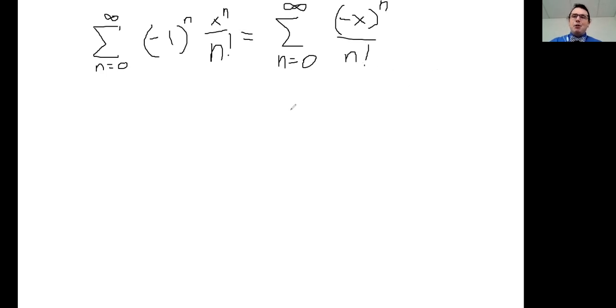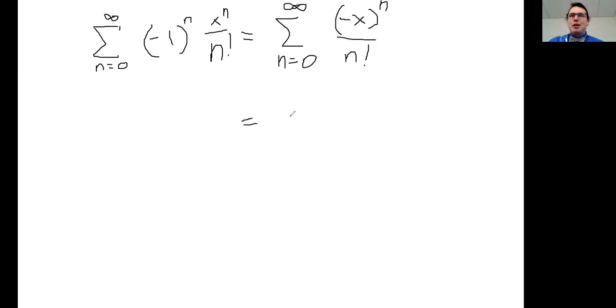This is very similar to the previous problem. I had to use a little bit of thinking here to justify what I was doing with this manipulation, but what I wrote here is true from an algebraic point of view. I can either raise two things to the power n and then multiply them together, or I could multiply them together first and then raise that product to the power n. Either way, I get the same result.